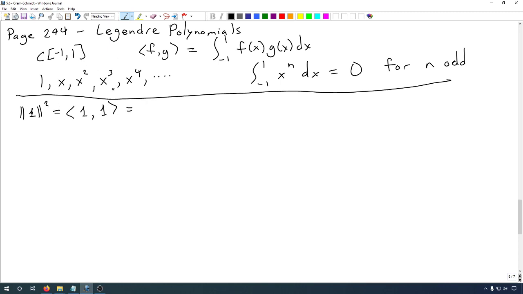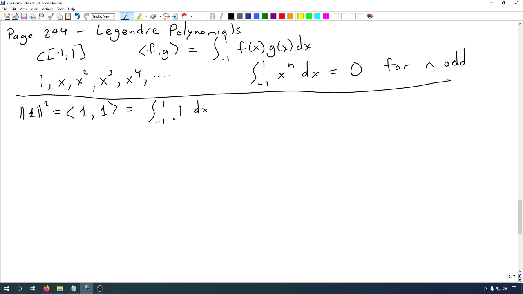Normally, if we were working in R^n, we'd just take a square root on the other side, but here, this inner product is actually an integral, so I don't want to take a square root of an integral. Let's just look at the square, and then we'll turn that into our norm later on. We take 1 times 1 as our integrand.